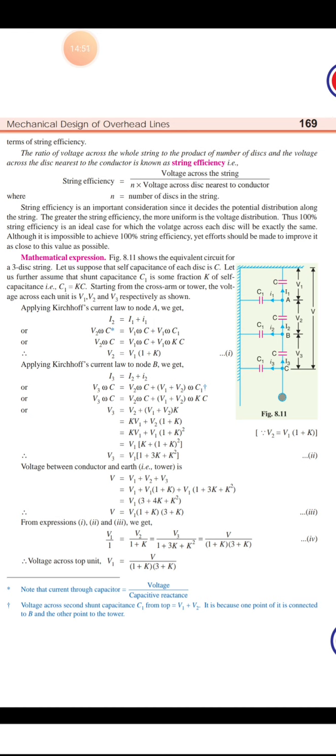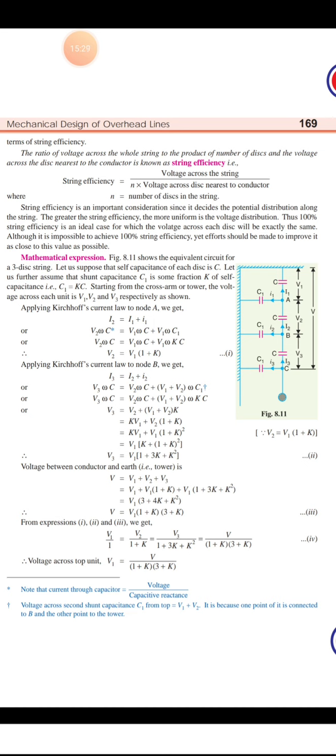When we talk about the mathematical expression, assume 3 discs. I can write C1 as Kc, where K is the ratio to the self capacitance, so C1 is in the form of K times the cell capacitance. Starting from the cross arm or tower, the voltage across each unit is V1, V2 and V3.